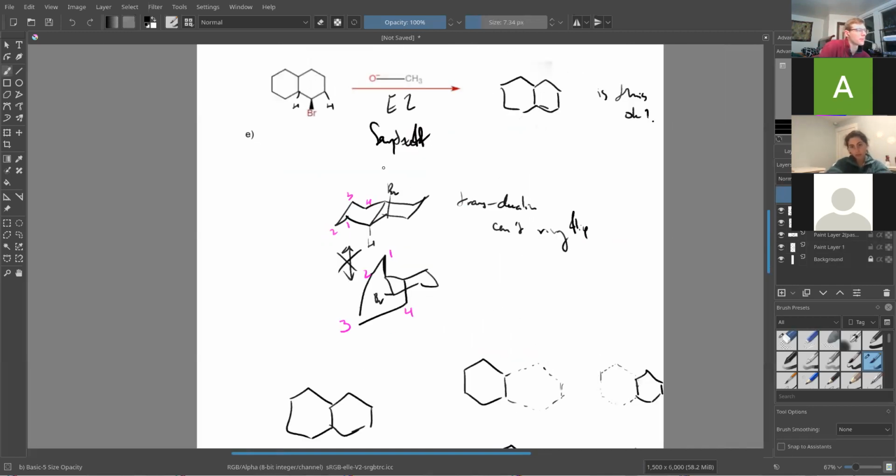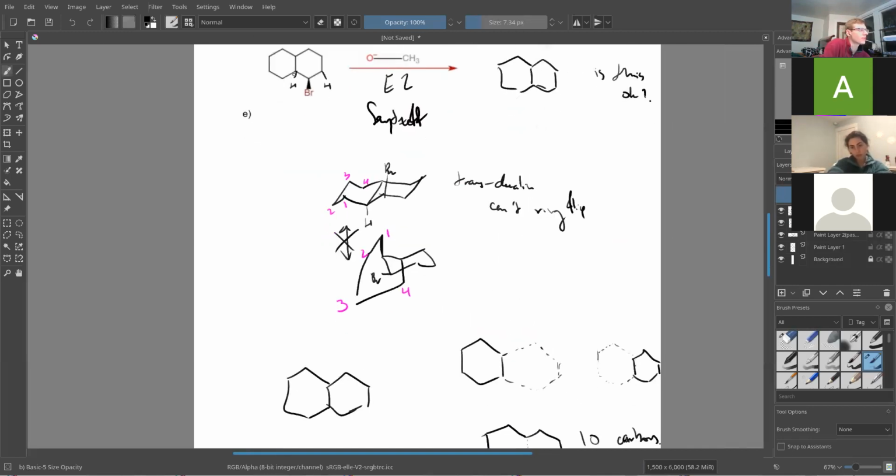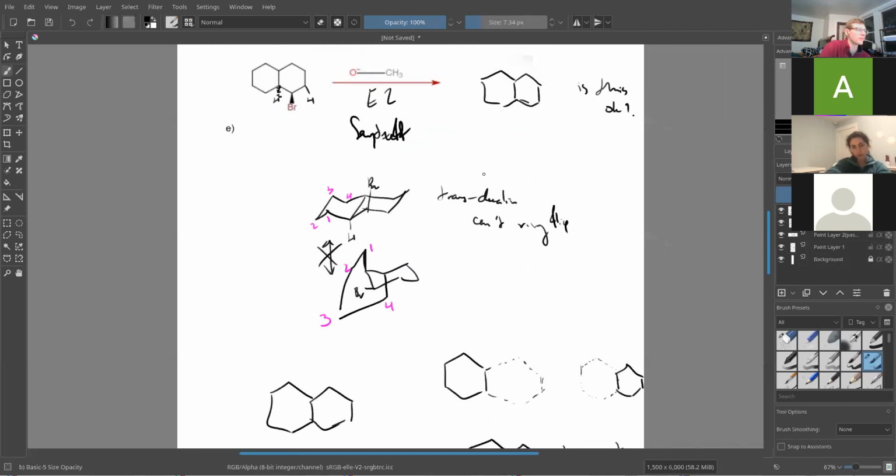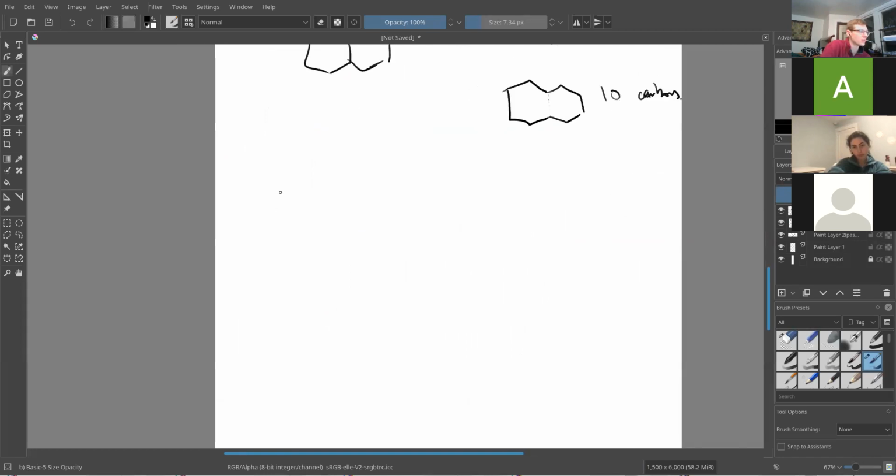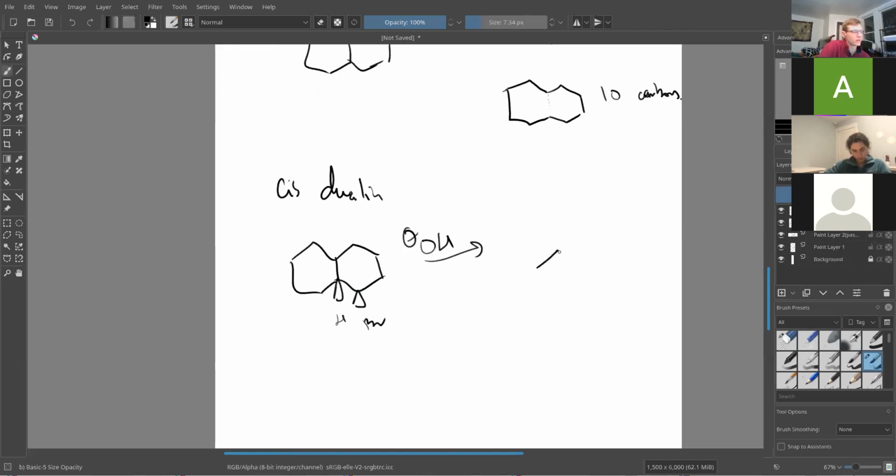Yeah. If this is trans-decalin, then you can do this. If it's cis-decalin, which looks like this, then you get the other product.